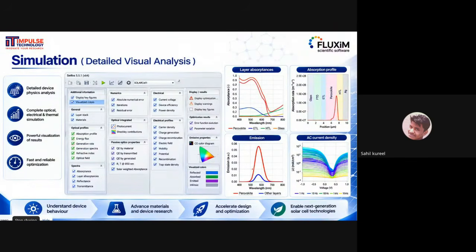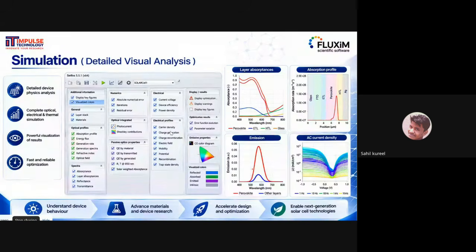When you move toward the visual analysis, if you want to see the results, they are divided tab-wise, like optical data, spectral data, numerics data, optical integrated, and passive optics. Moving toward the optical results, like for the absorptions, you can see this type of results. When you move toward the electricals, they have given the electrical files separately.